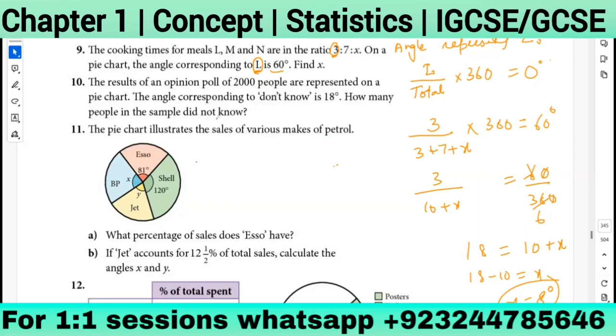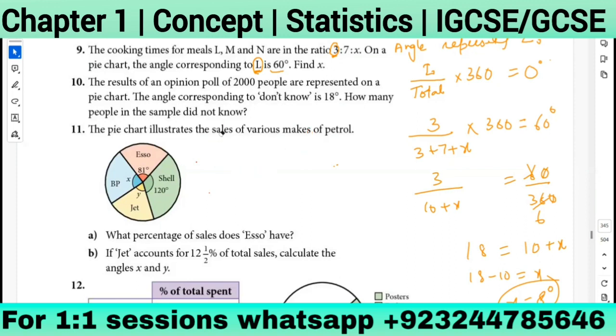The formula for the pie chart is that we write something divided by the total of that thing, multiplied by 360, which will give you the degrees. We have never written 360 in the denominator, because 360 is to convert to degrees, and it will be multiplied, not divided.